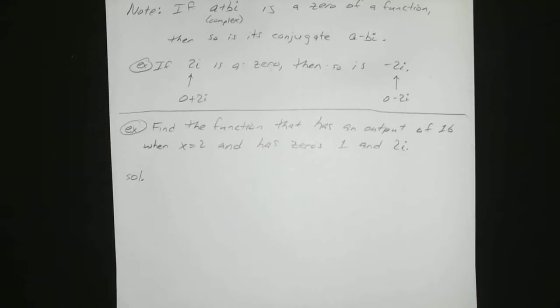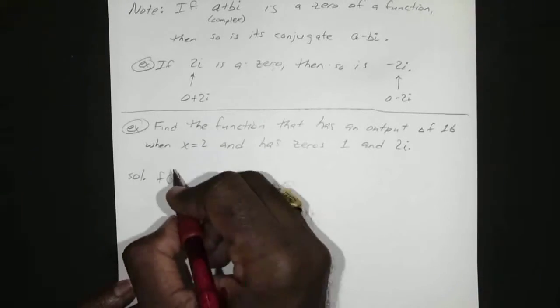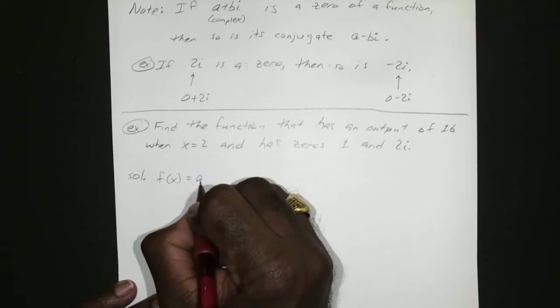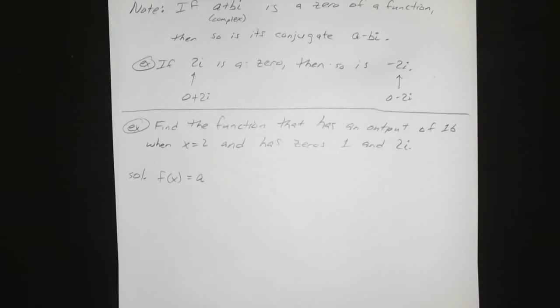Okay, so the general form for your f of x function is you're going to have possibly some lead coefficient of a. We don't know, it kind of depends on the function. Sometimes it's 1, sometimes it's other than 1.